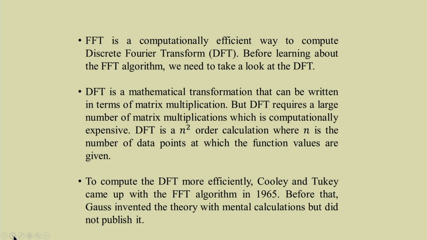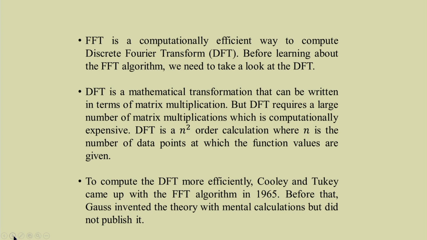FFT is a computationally efficient way to compute the discrete Fourier transform. Before learning about the FFT algorithm, we need to take a look at the DFT. DFT is a mathematical transformation that can be written in terms of a matrix multiplication, but DFT requires a large number of matrix multiplications, which is computationally expensive.